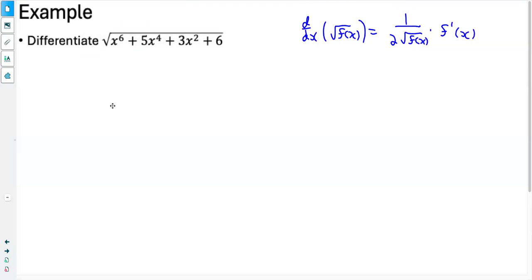So if we have this, we know its derivative is just going to be 1 over 2 times the square root that we had here. So x to the 6 plus 5x to the 4 plus 3x squared plus 6.